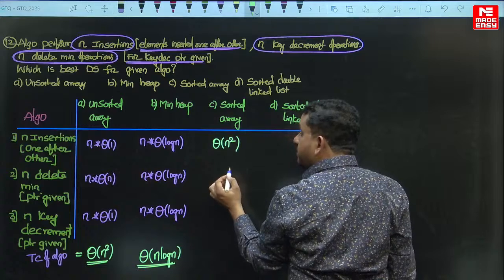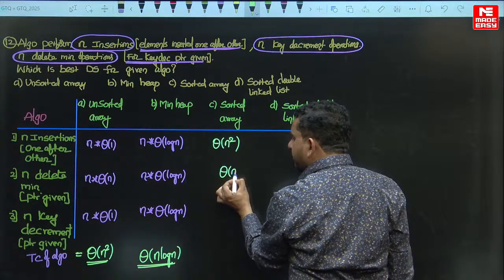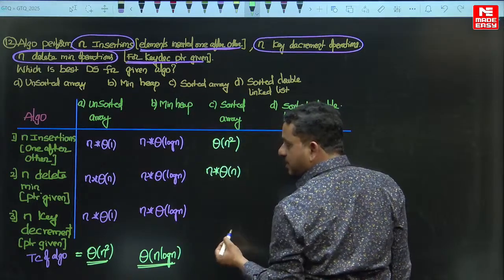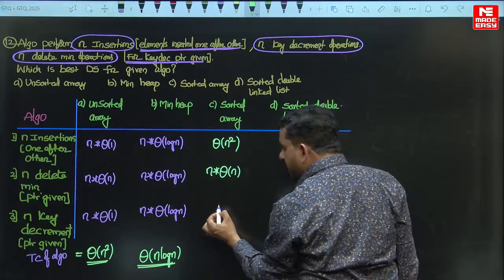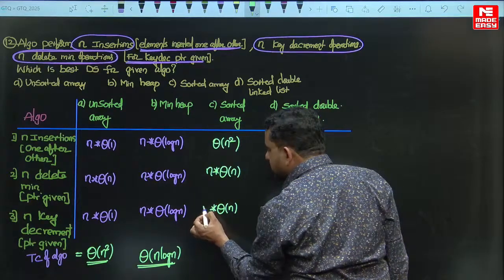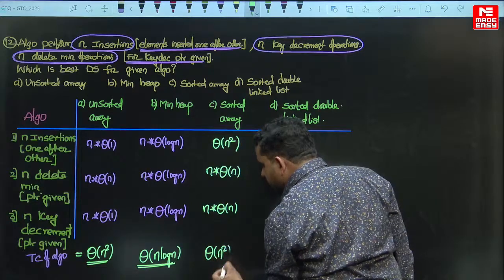One delete min requires array shifting, order of n time, repeated n times becomes n square. Key decrement also requires array shift operations, so n times key decrement becomes n square time. Overall cost of the algorithm becomes n square.